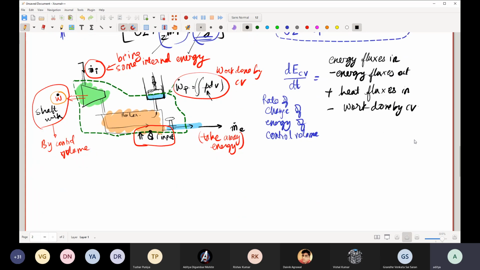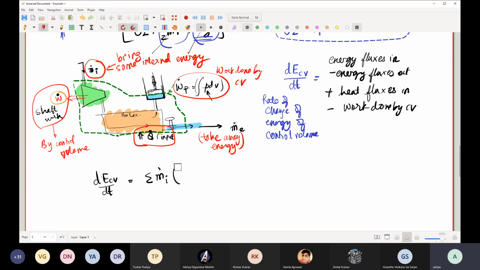Okay, so when we have this, we can simply now write down dE_CV/dt is equal to summation of m dot i. So what is the total energy? Let's do it step by step, we don't have to do it in one go.